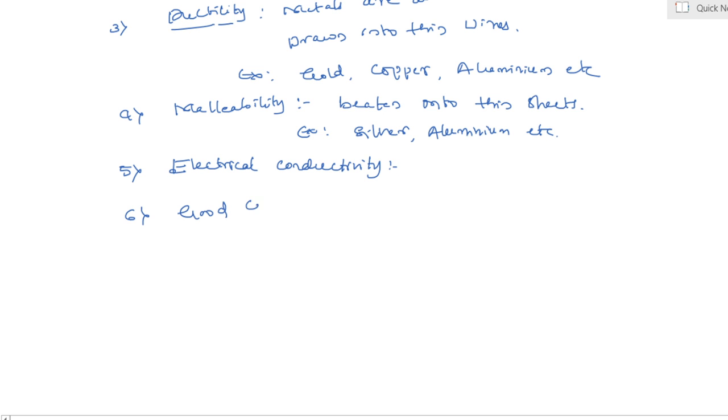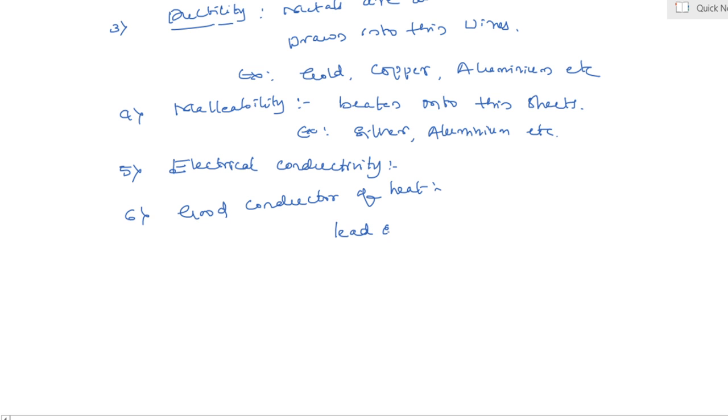Good conductors of heat. Yes, generally metals are good conductors of heat except lead and mercury, which are poor conductors of heat. Yes, my dear students, here metals are termed as what? Good conductors of heat, but an exception is also seen here.